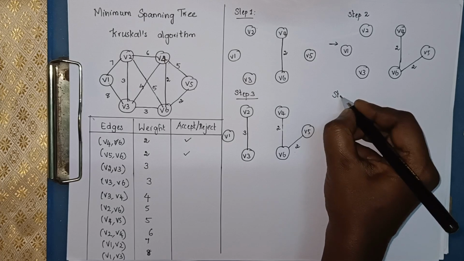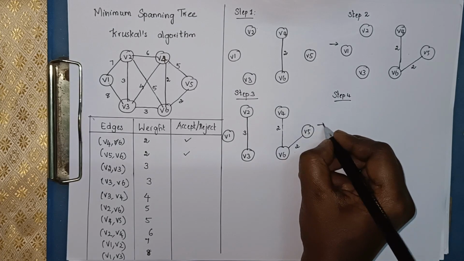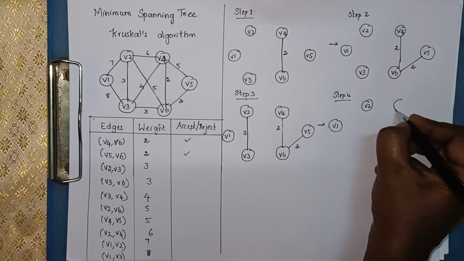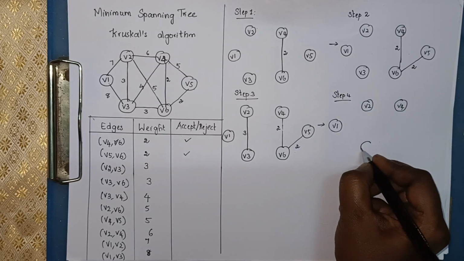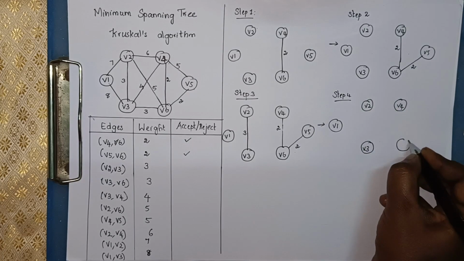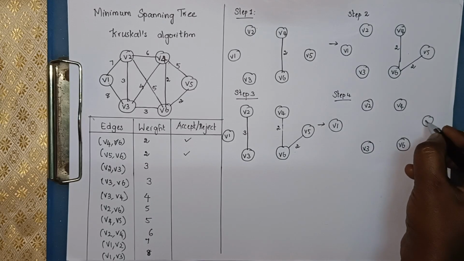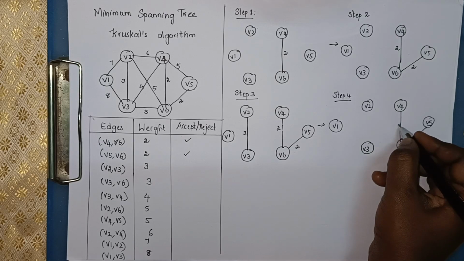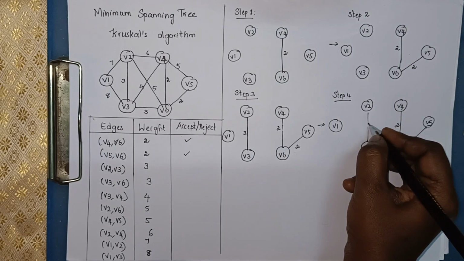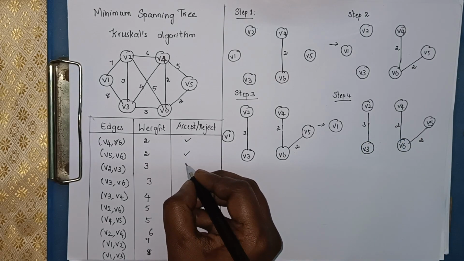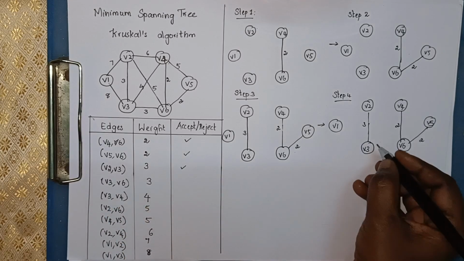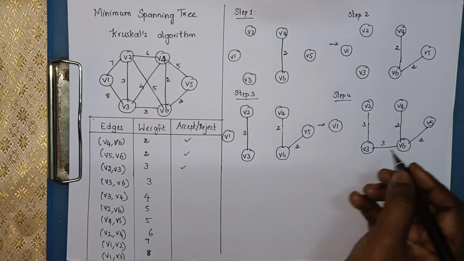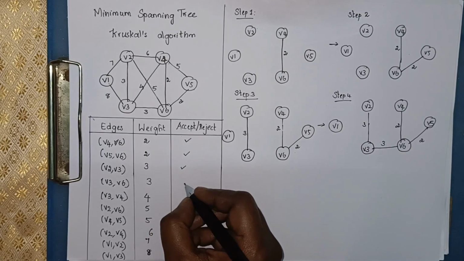Next, step 4, V3 to V6. We can draw a line from V3 to V6 because it's not going to form a cycle. So it is accepted.